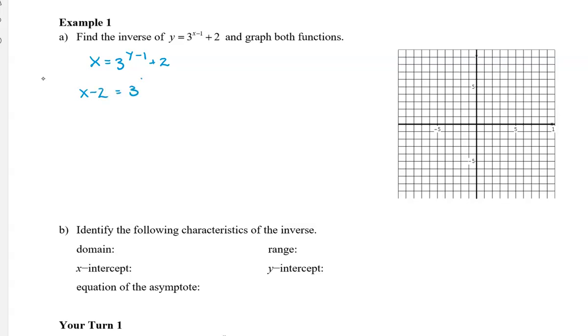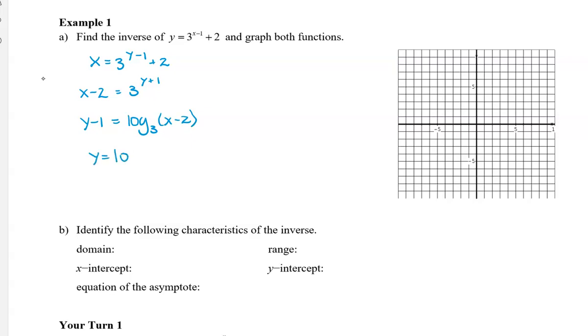And we need to move the 2 over to the left side because then we can get our 3 parts: our base, our exponent, and the value on the left. Writing this in log form, we get y minus 1 equals log base 3 of x minus 2.